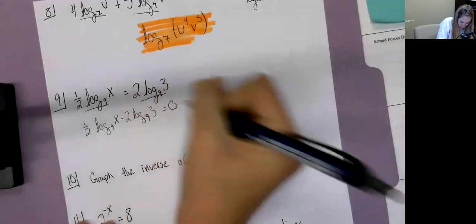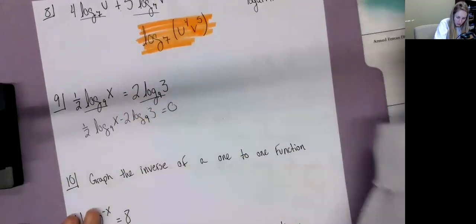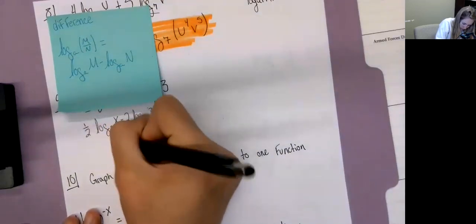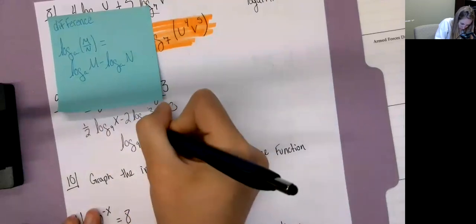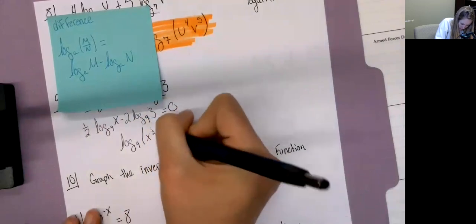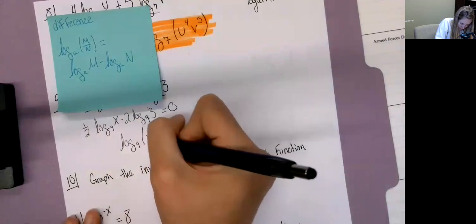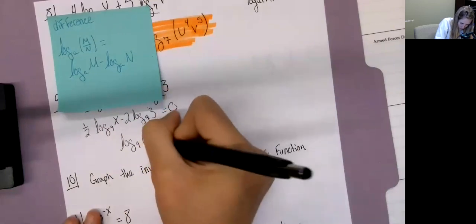3 equals 0. Then I'm going to do what I did up here, except this is a subtract here. So now I'm going to use this one. So I'm going to have log 9 x to the 1/2. And then I'd have this over 3 squared.